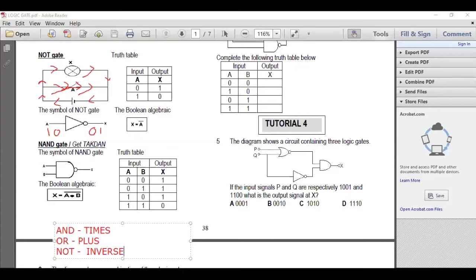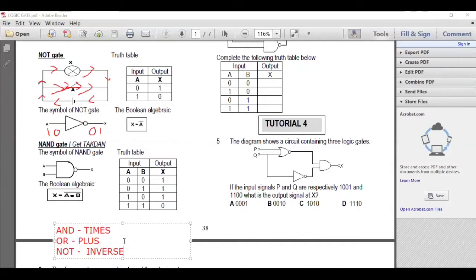Teacher, for the AND gate, you gave the example of the ATM, right? For the OR gate, it's like the car door: if any one of the doors is not closed properly, you can see the indicator at the dashboard.